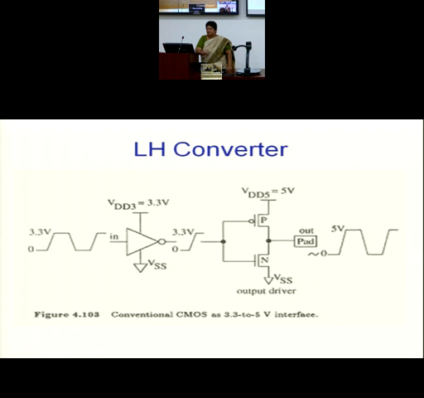There is no power issue here because the input will be 5 volts. That will be completely turning off the PMOS, because VDD is only 3.3 volts. So this can easily be used as a high to low converter, but we cannot use it as a low to high. I need to redesign a low to high converter.